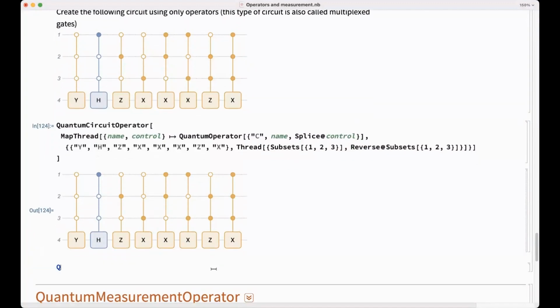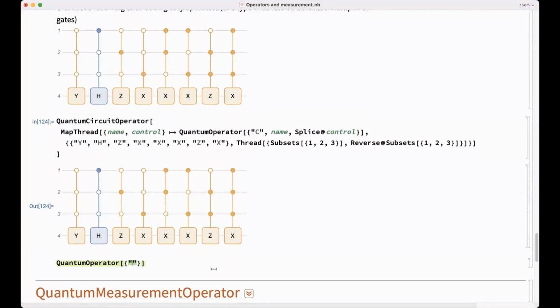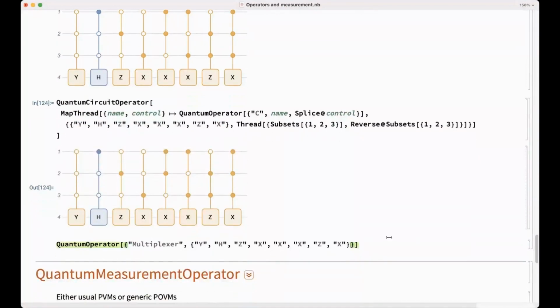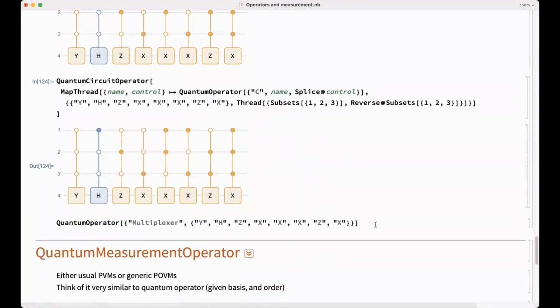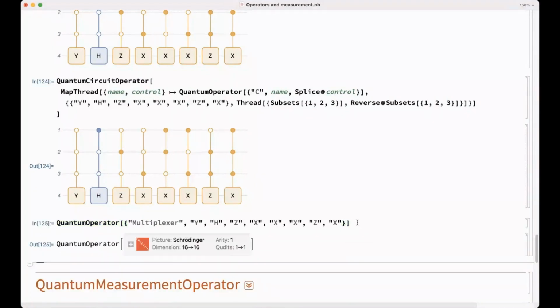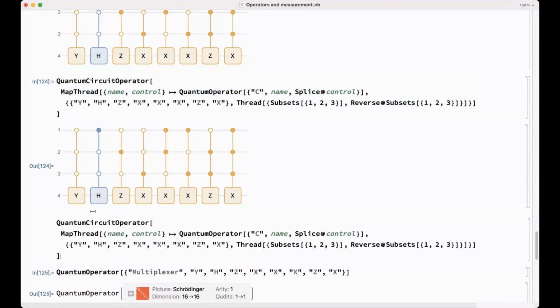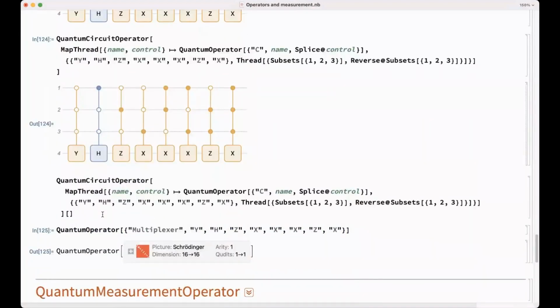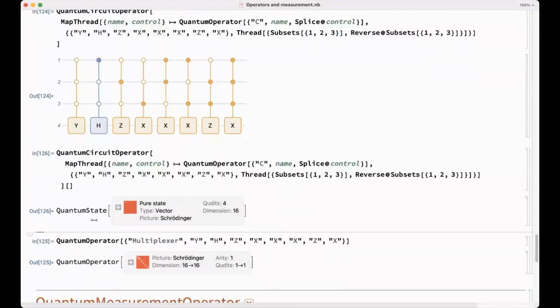Then the list of Y and so on, exactly that. I guess we should kill the list, if I remember that correctly. This operator is exactly the one that you see above, just after compiling it into a single circuit operator.